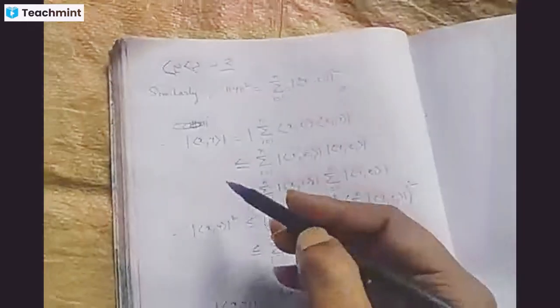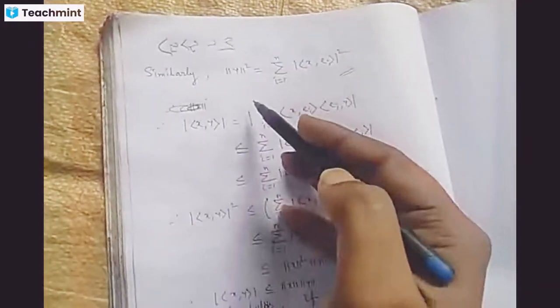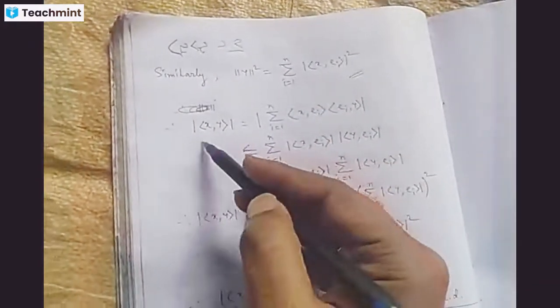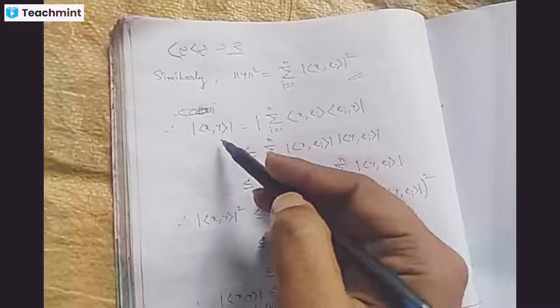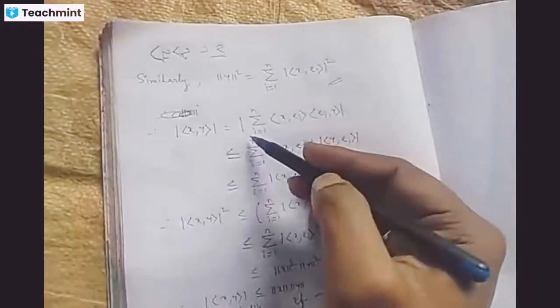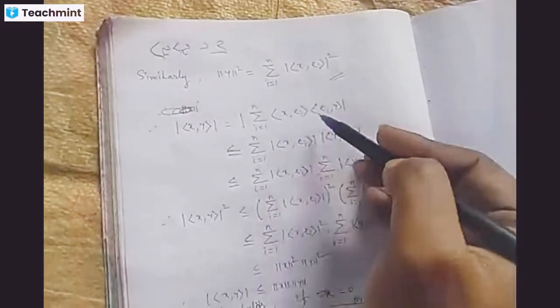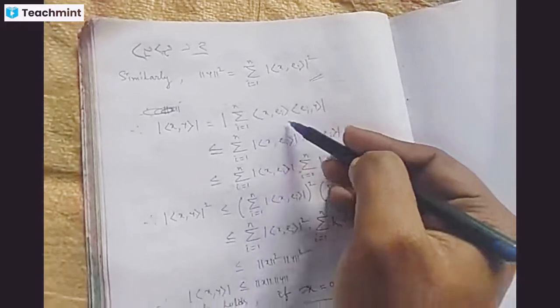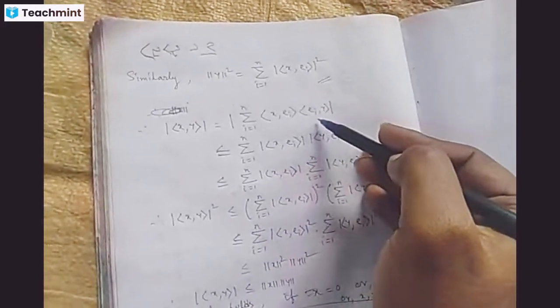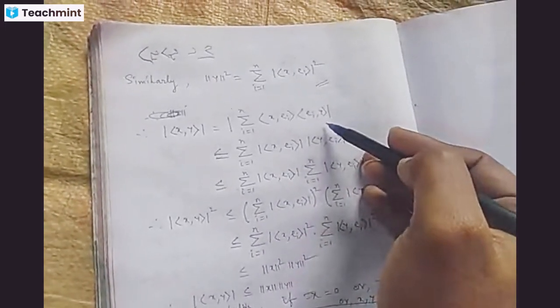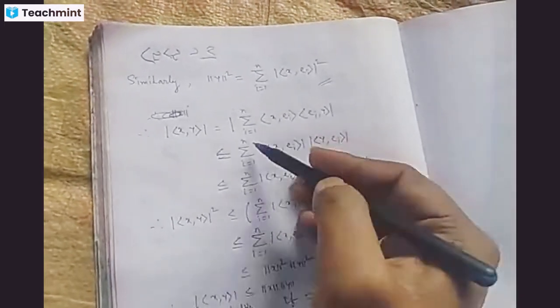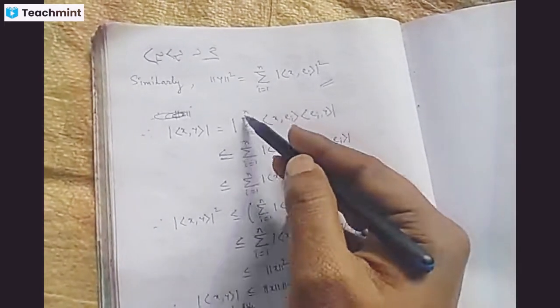Now we will go to prove the Schwarz inequality. Mod of the inner product of x and y will be what? Mod of summation of the inner product x e_i, inner product e_i y. So this is the summation actually.